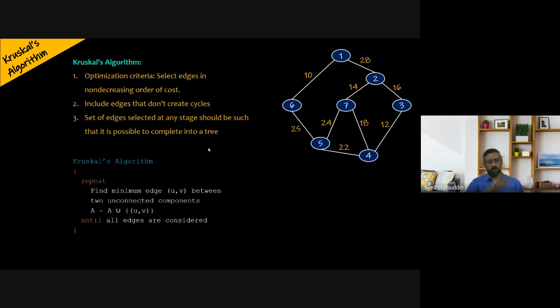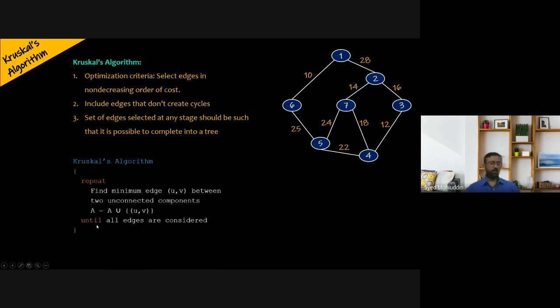So in Kruskal's algorithm, the template is the same: repeat until, but here we find the minimum edge u comma v, as in Prim's where we find the minimum edge between two unconnected components. If it is between two unconnected components, then add that edge to a set A. Here also we maintain a set A which contains the set of edges of the spanning tree.